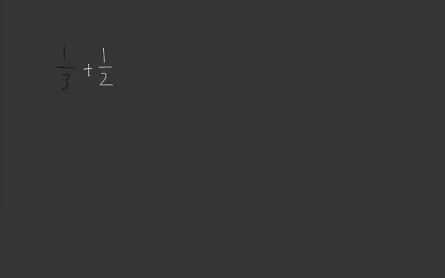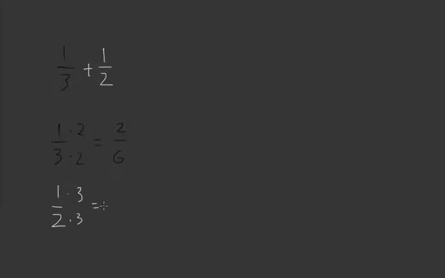6. All right. So if we want to have 6 for the bottom of both of them, then we need to take this and we need to times it by 2, top and bottom. And now that equals 2/6. All right. And then this one we need to do 1/2 and times it by 3.